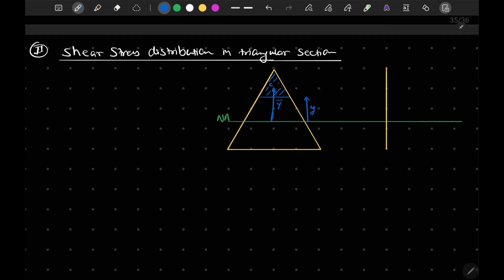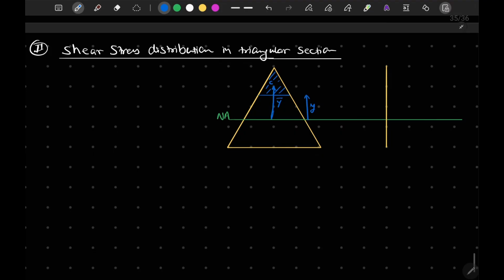So let's say this triangular section has base b and height h. Height h is such that this distance is 2h/3, and this distance is h/3.